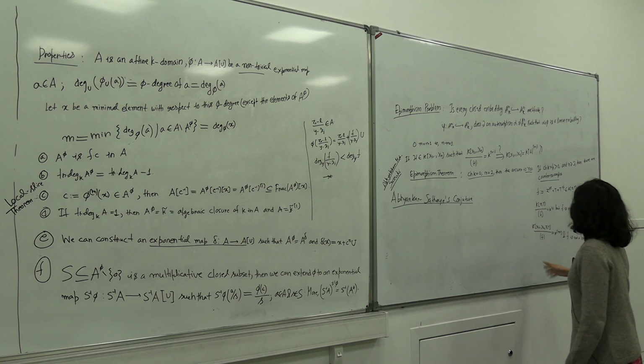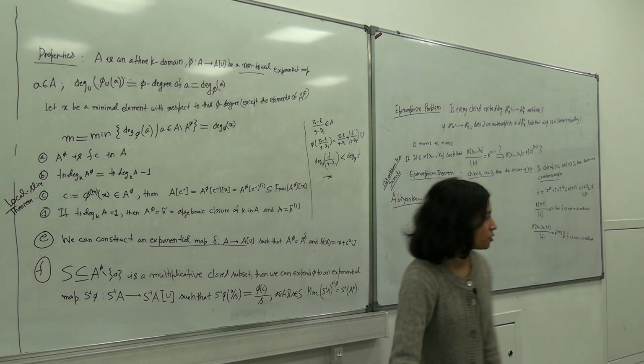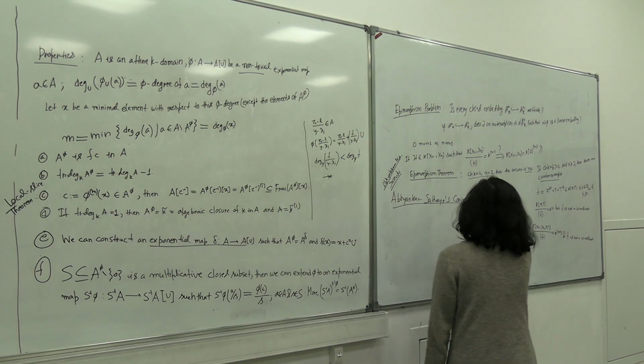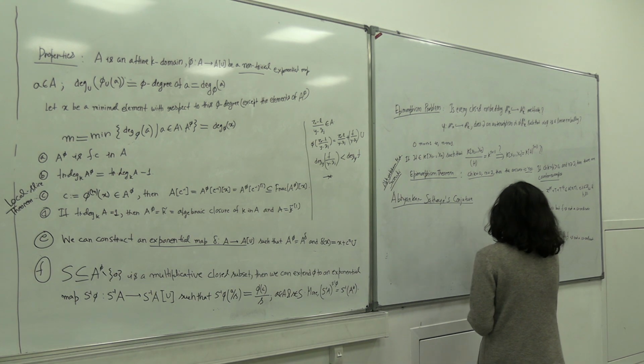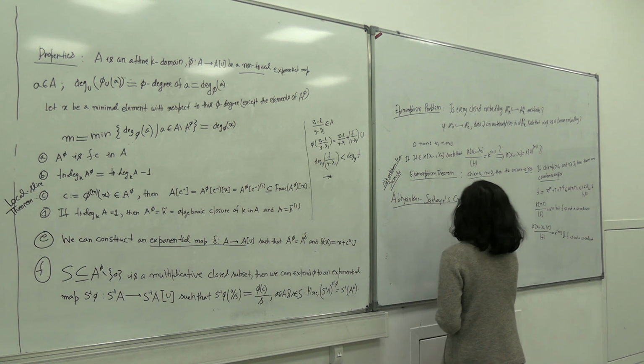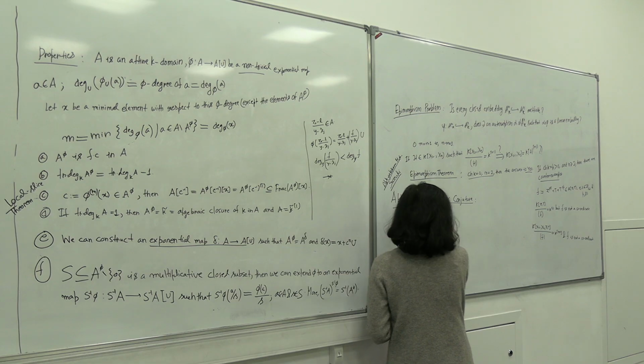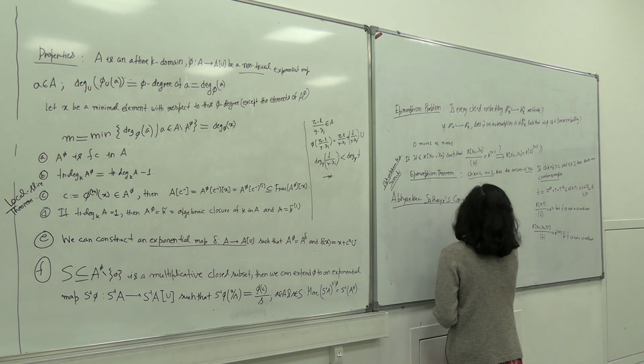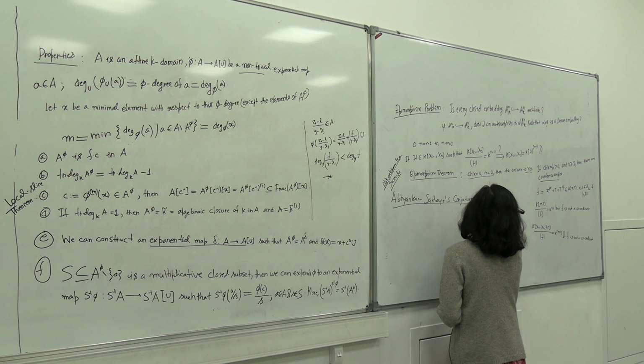Now in positive characteristic, it is already known that it's not true, but in characteristic 0, there is no complete answer except for n equal to 2. That is, starting from n greater than or equal to 3, there is no complete answer, but there is a conjecture that yes, it is true.